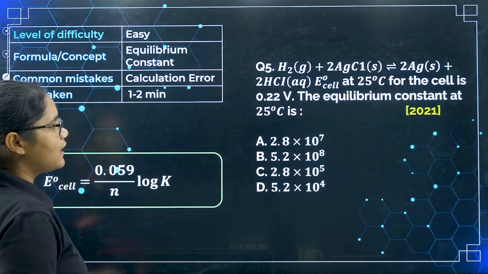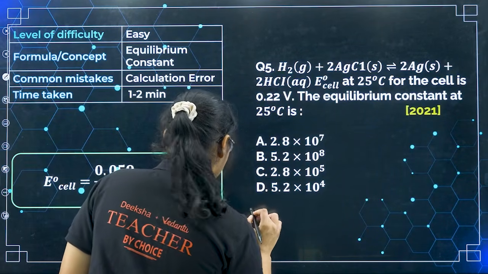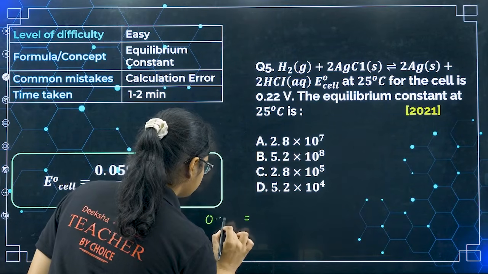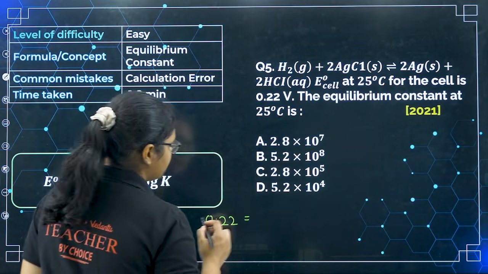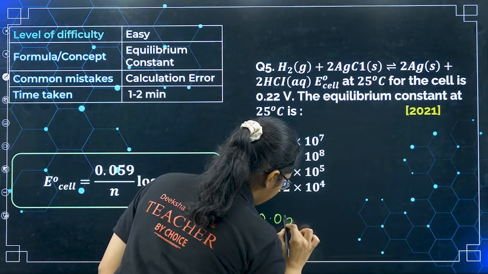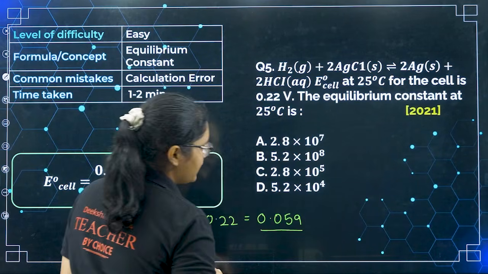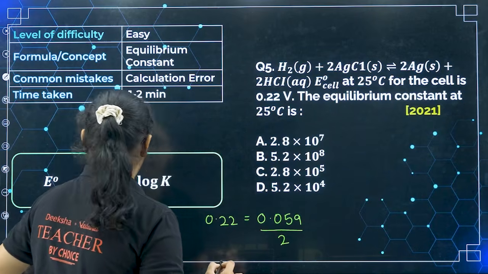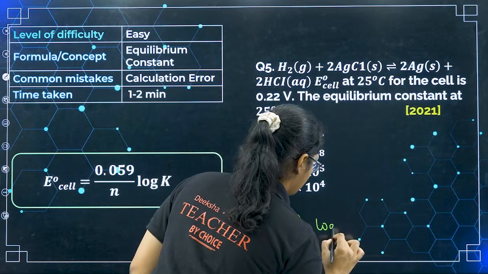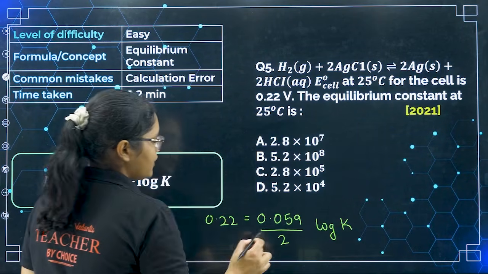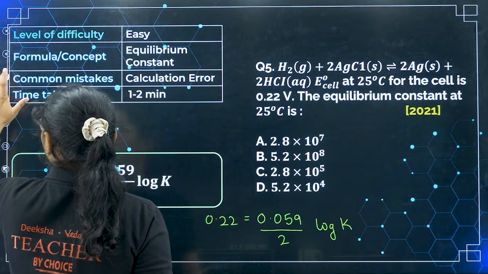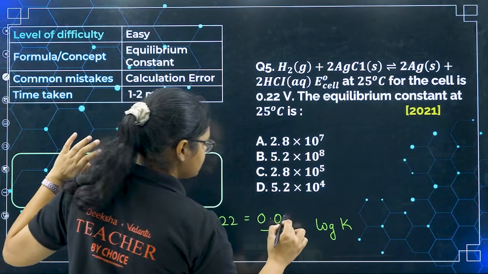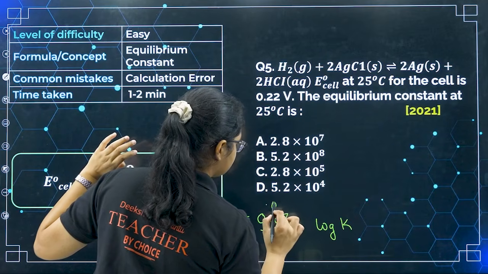Okay, so let's now try this question. We have here E naught 0.22. Okay, we have 0.059, n value is 2 again, then I have log of K. Okay, now let me just round it off to 0.06 for easy calculation. Okay, so I will have 0.03.